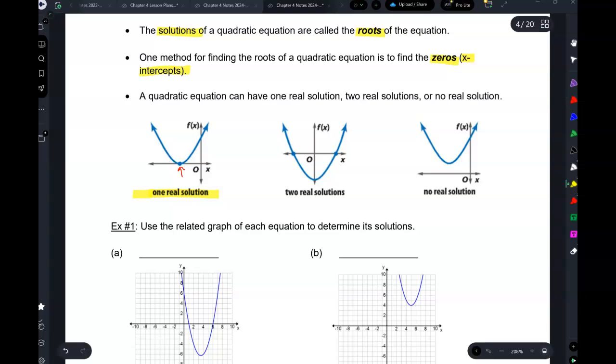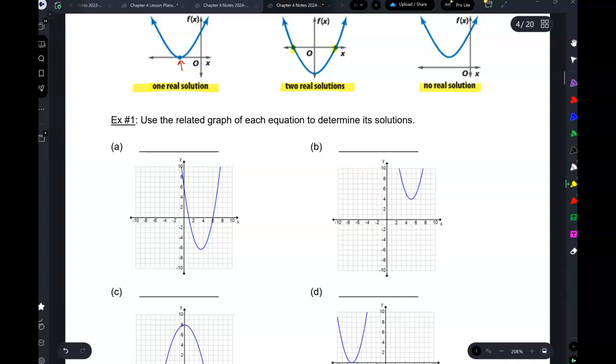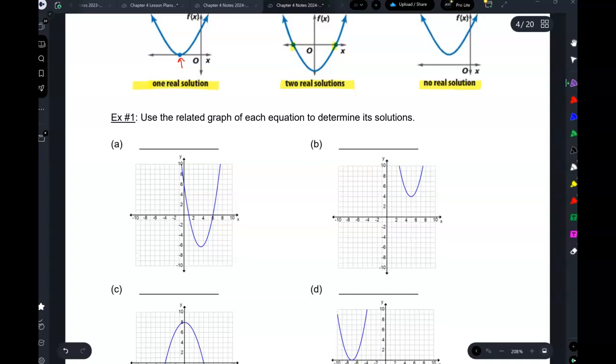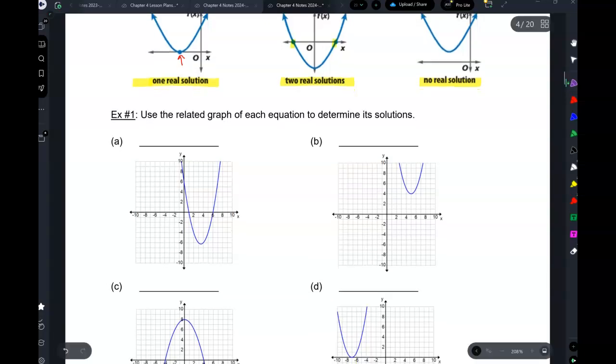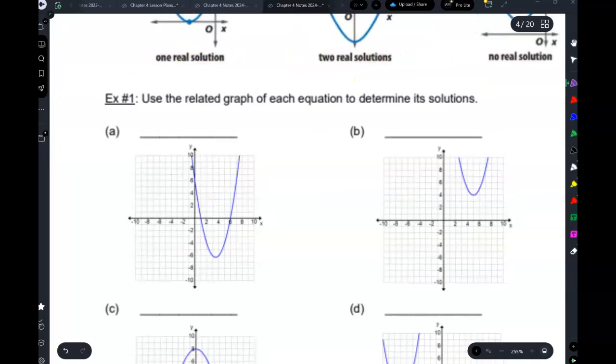Or there can be two real solutions when it crosses the x-axis twice. Or there can be no real solution when the parabola floats on top or on the bottom of the x-axis. Okay, so take a look here to find the solutions of each of these.